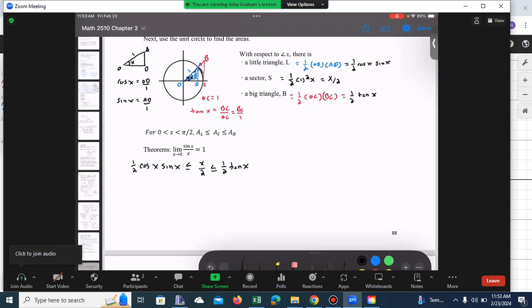Now, every one of these you're dividing by 2, so we can cancel all these halves. No problem. And then I'm also going to change tangent x to sine x over cosine x. That's just a trig substitution.